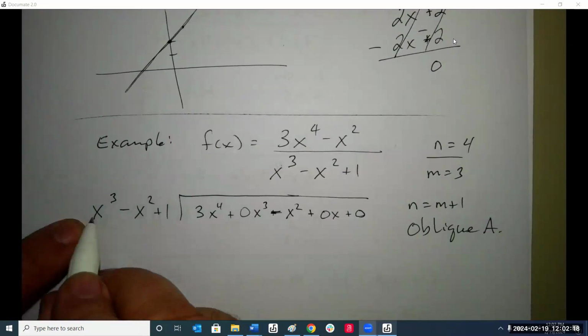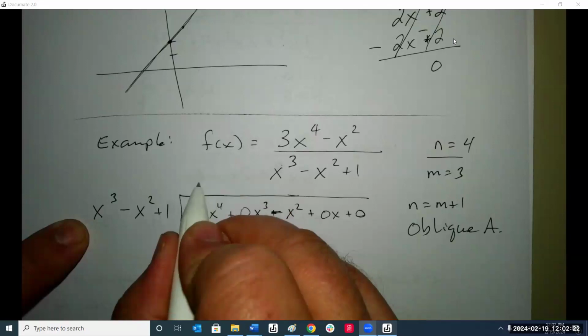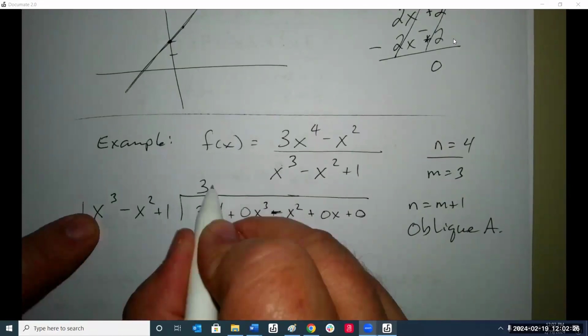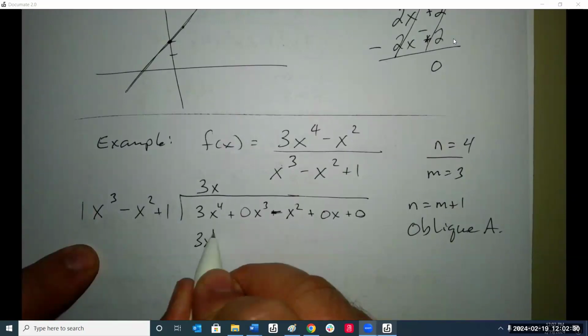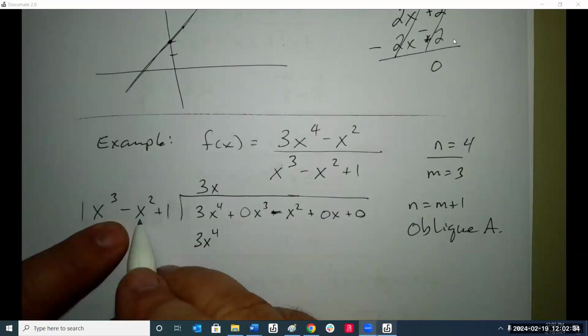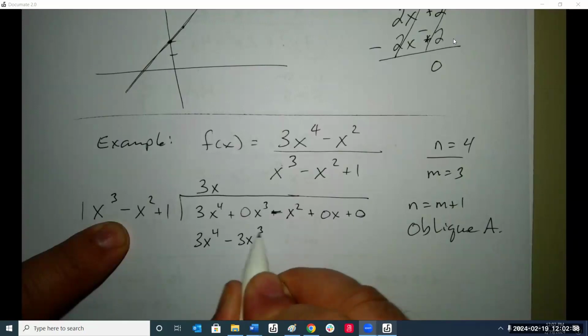So what times x cubed gives me 3x to the 4th? 3 times 1 is 3. I need one more x. So 3x times x cubed is 3x to the 4th. 3x times negative x squared is negative 3x cubed.